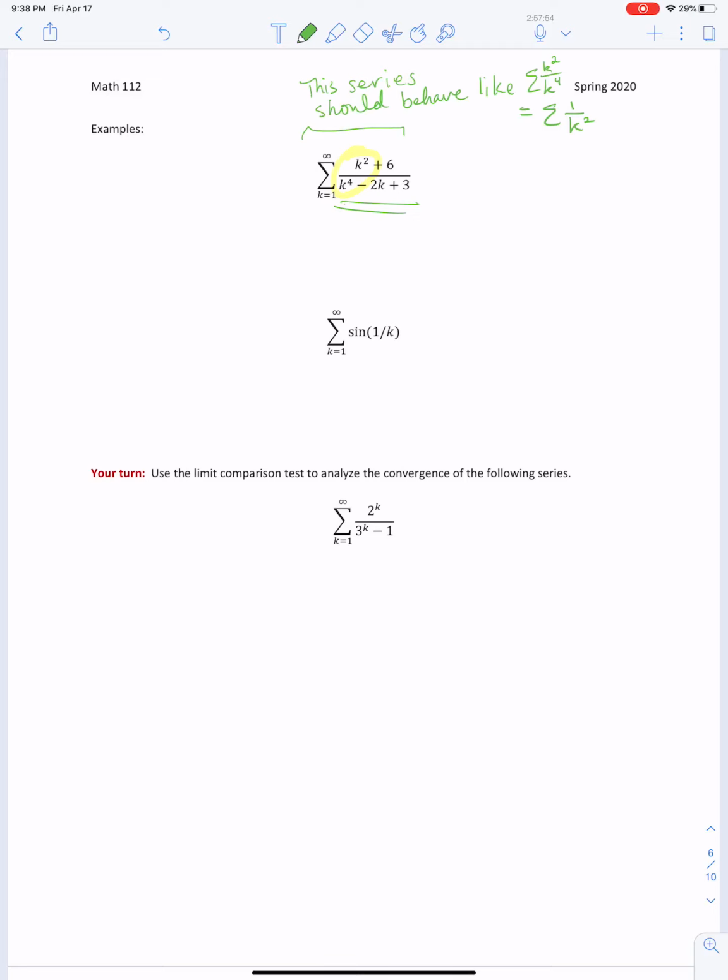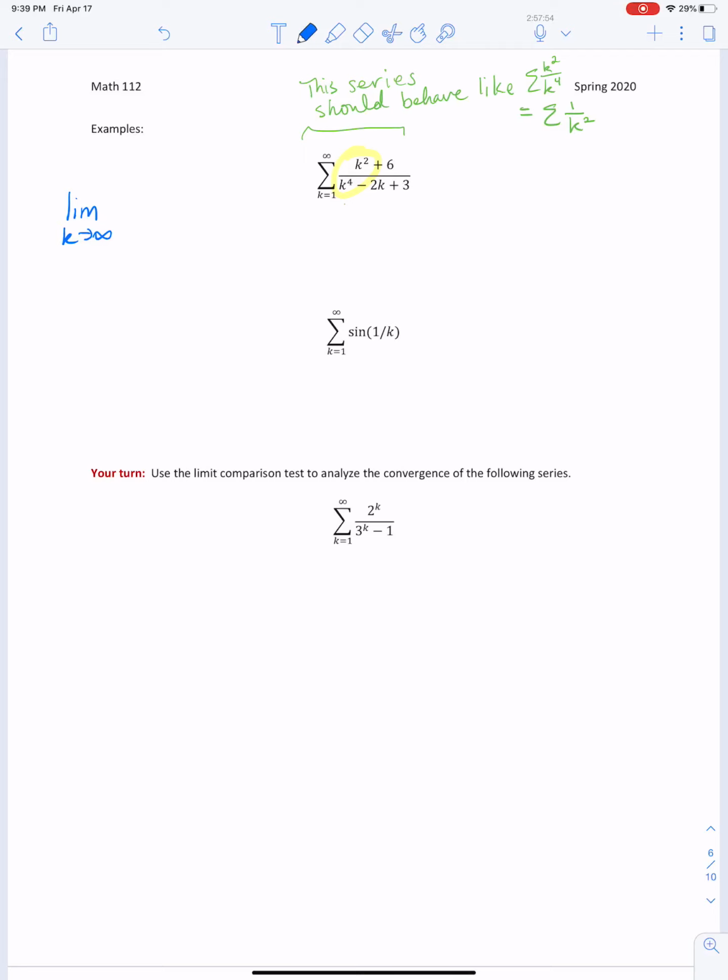And that's an extra computation that, if we use the limit comparison test, won't be necessary. So I'm going to go ahead and write out the limit that we need to compute. What we'll need to check is the limit as k goes to infinity of, and now we can put either series in the numerator or denominator, it doesn't matter.